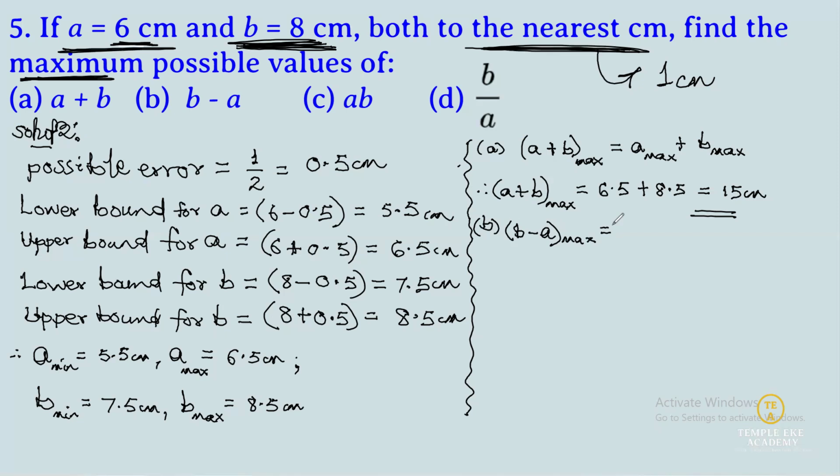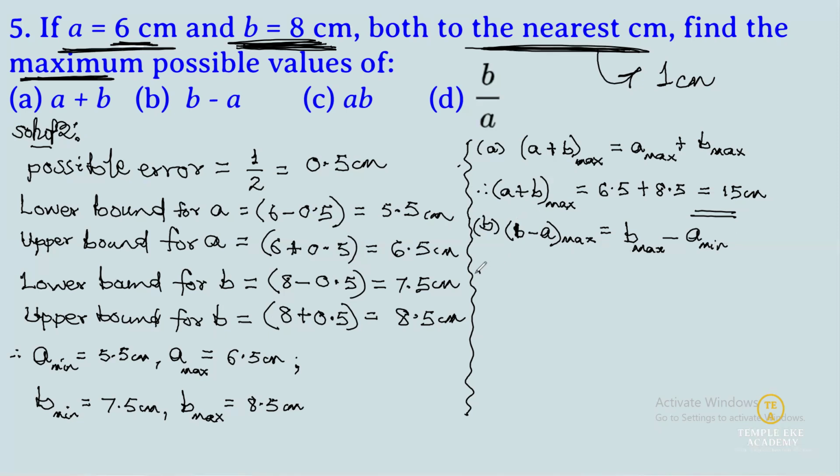If we want the maximum possible value of the difference, B minus A, we have to subtract the minimum value of A from the maximum value of B. We want the difference between B and A to be the greatest value possible. So logically, we use the biggest value of B to subtract the smallest value of A. That's when we can get the maximum value.